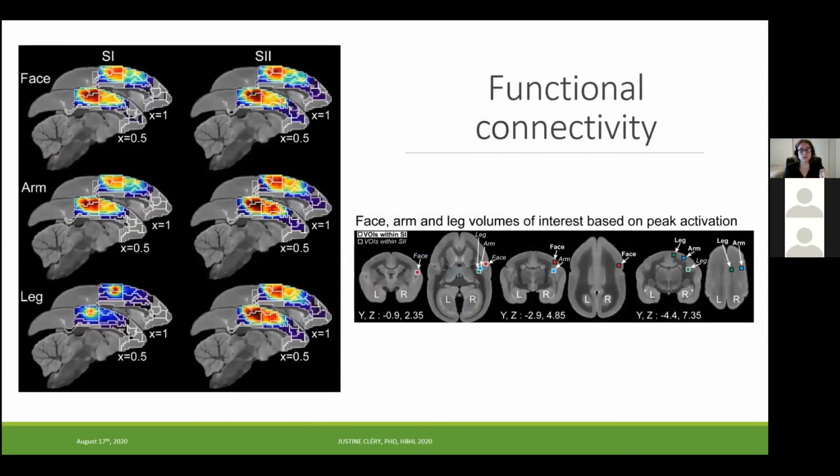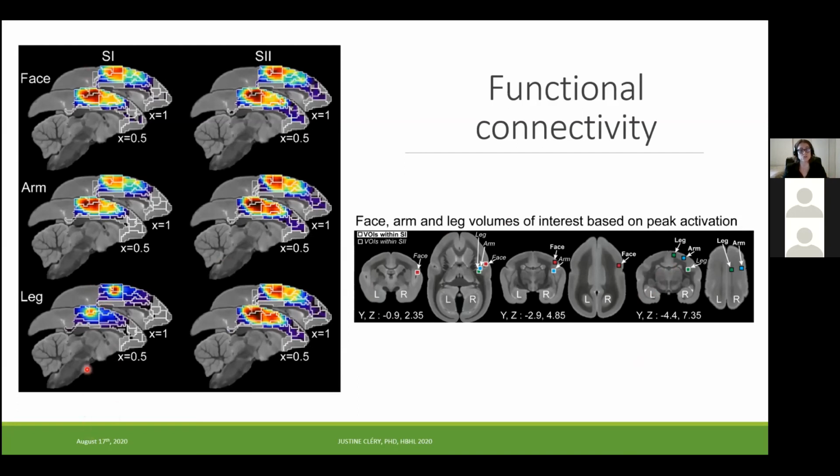To go deeper in our analysis, we define 6 volumes of interest in S1 and S2 based on the group level analysis. These VOIs correspond to the face, arm, and leg activation local maxima in these areas. So we then use resting state functional data to compute the functional connectivity maps from the 6 volumes of interest with the medial frontal cortex.